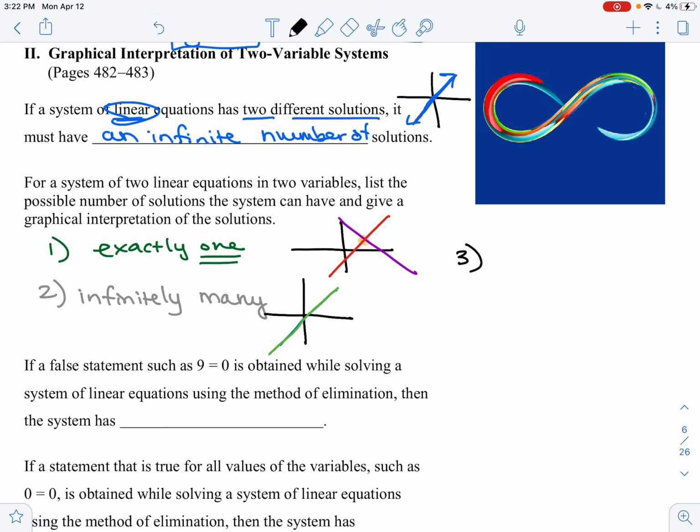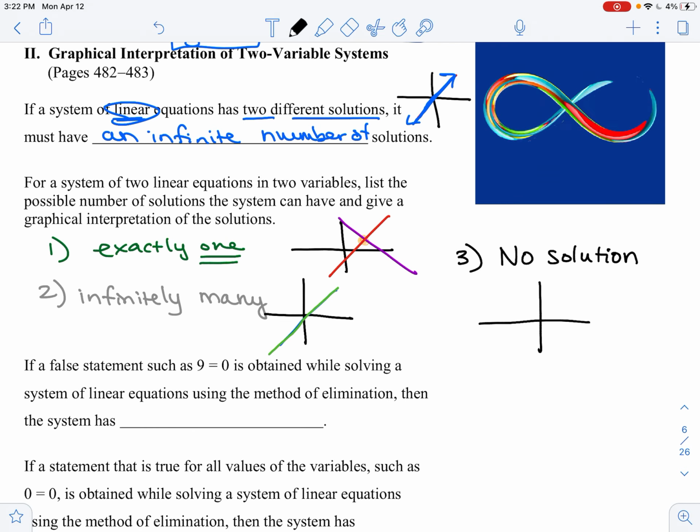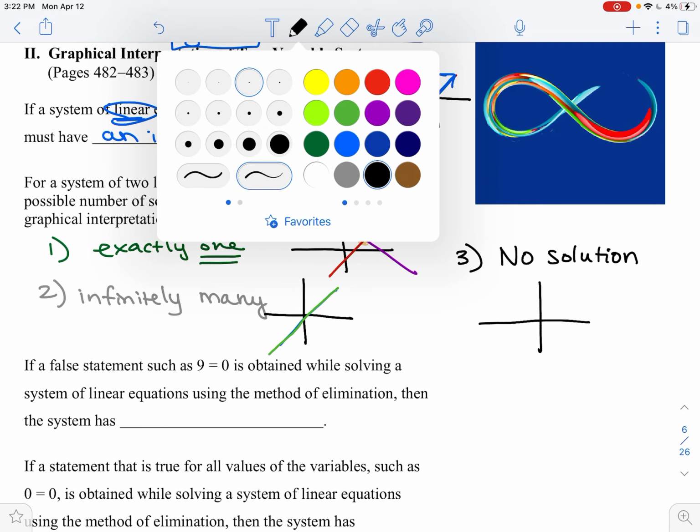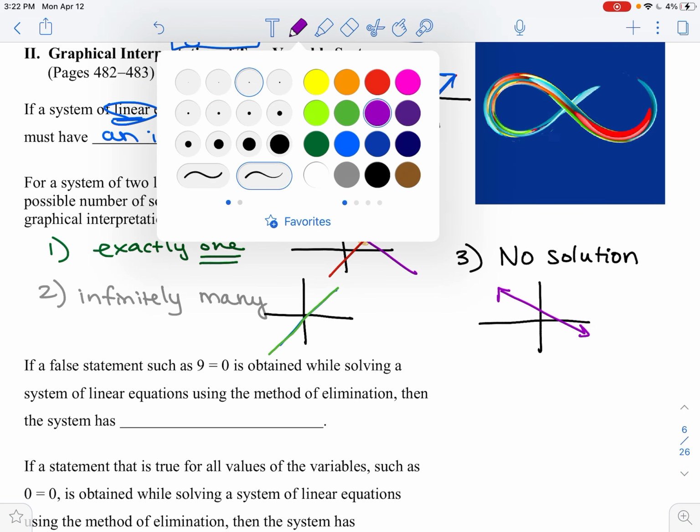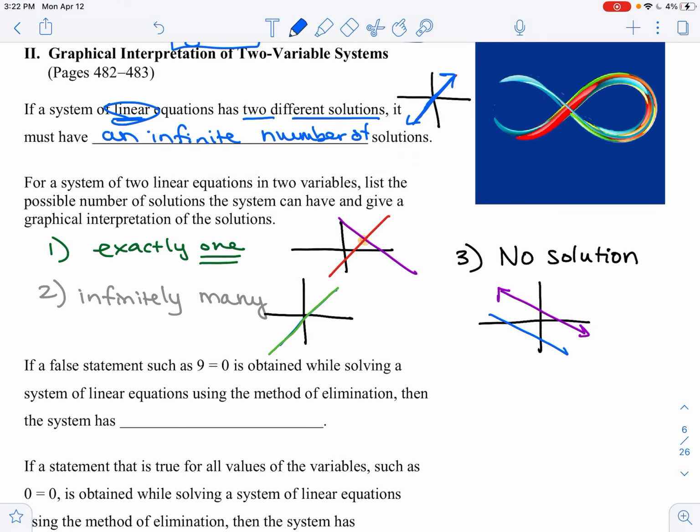And then the third way is that there's no solution. There could be no solution if, when we're graphing them, they're parallel. So if here's one line, it will never intersect another line that's parallel. So no solution happens when the lines are parallel.